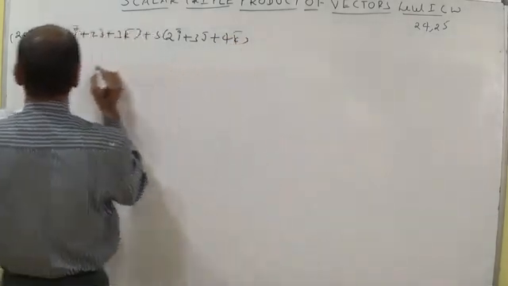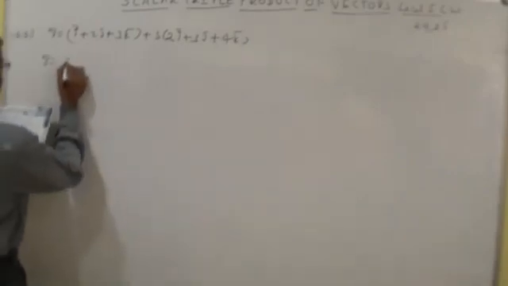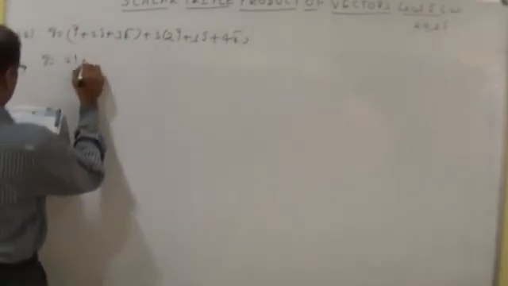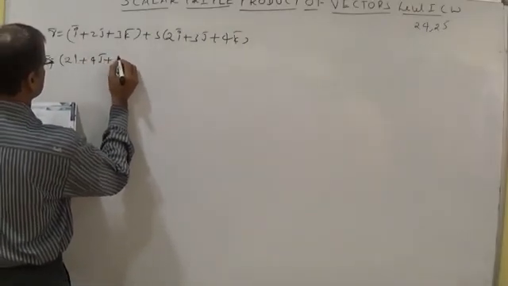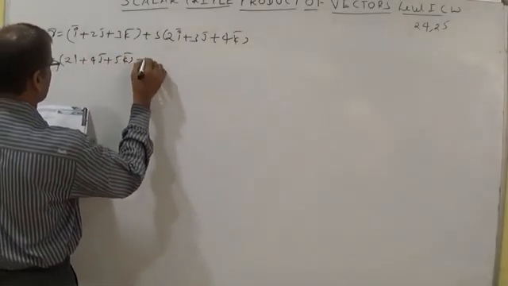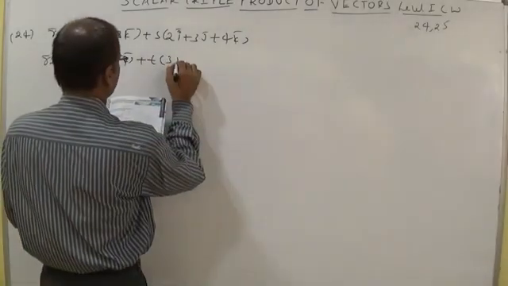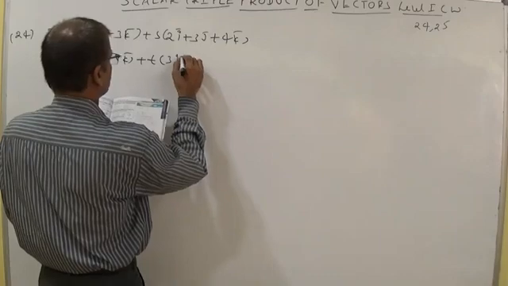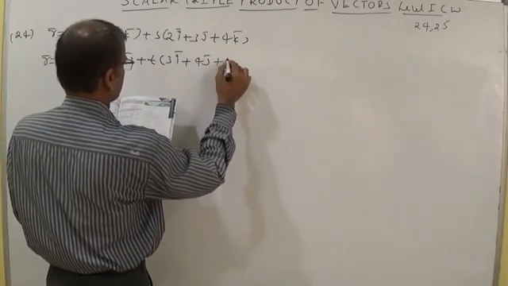This is the first line, L1. r bar is equal to 2i bar plus 4j bar plus 5k bar plus t into (3i bar plus 4j bar plus 5k bar), where t is a scalar.